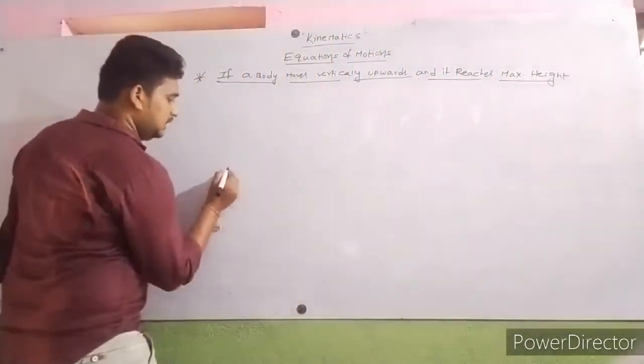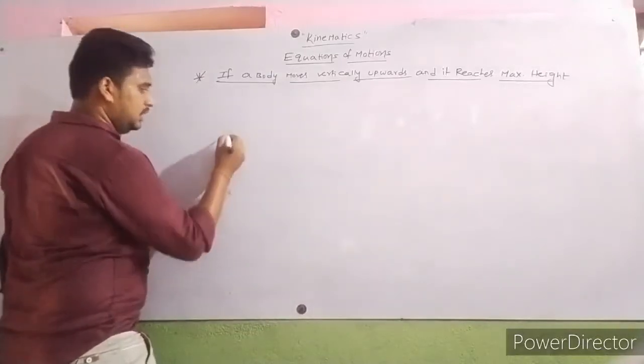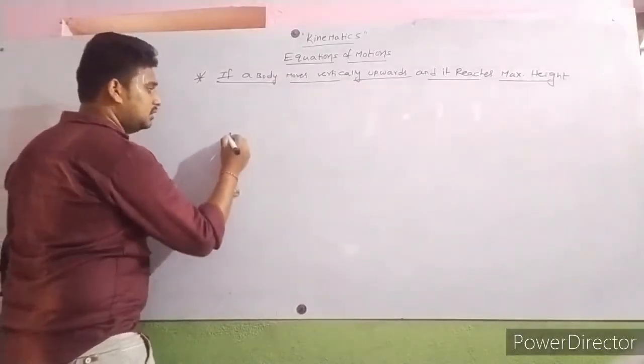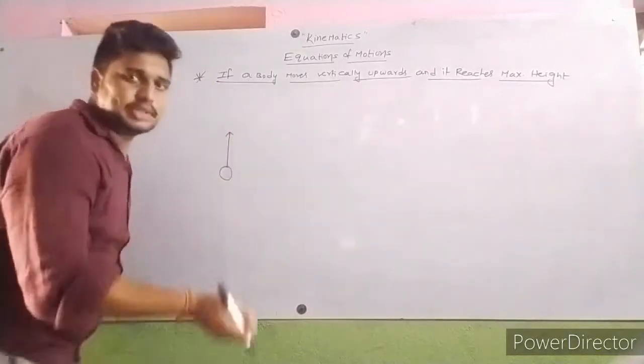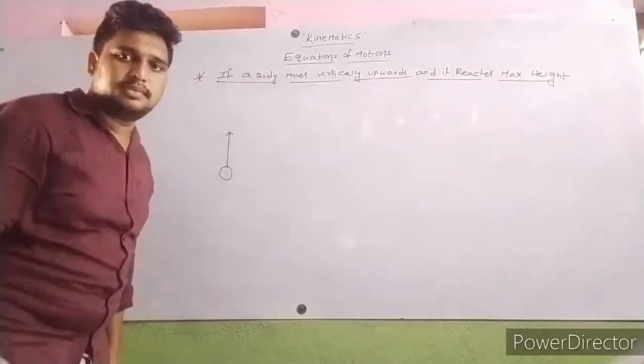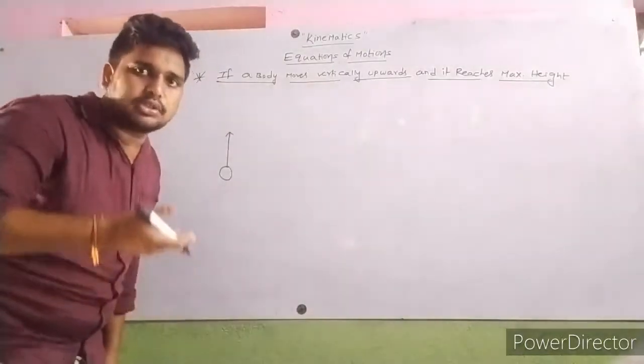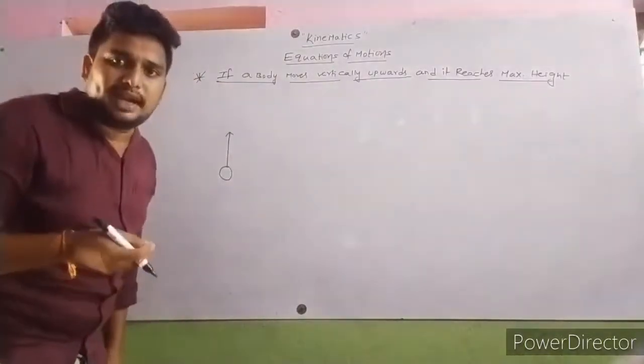For example, I'll consider a stone. The stone is projected vertically upward, and it reaches maximum height. Whenever a body moves vertically upward, definitely velocity decreases gradually.